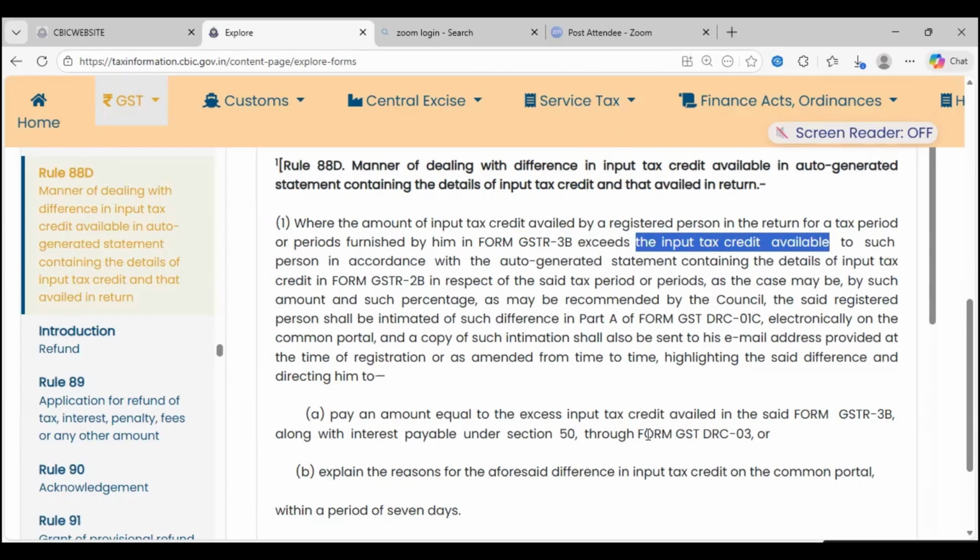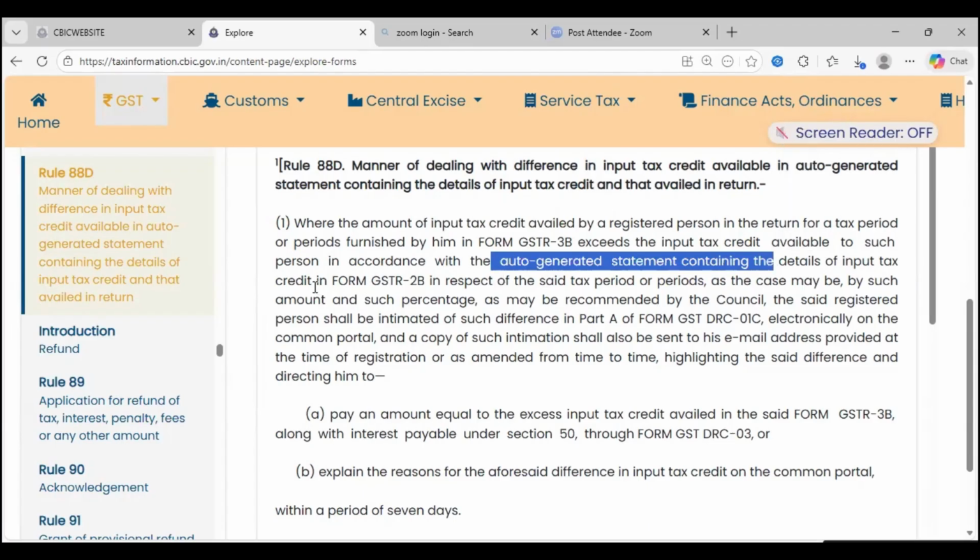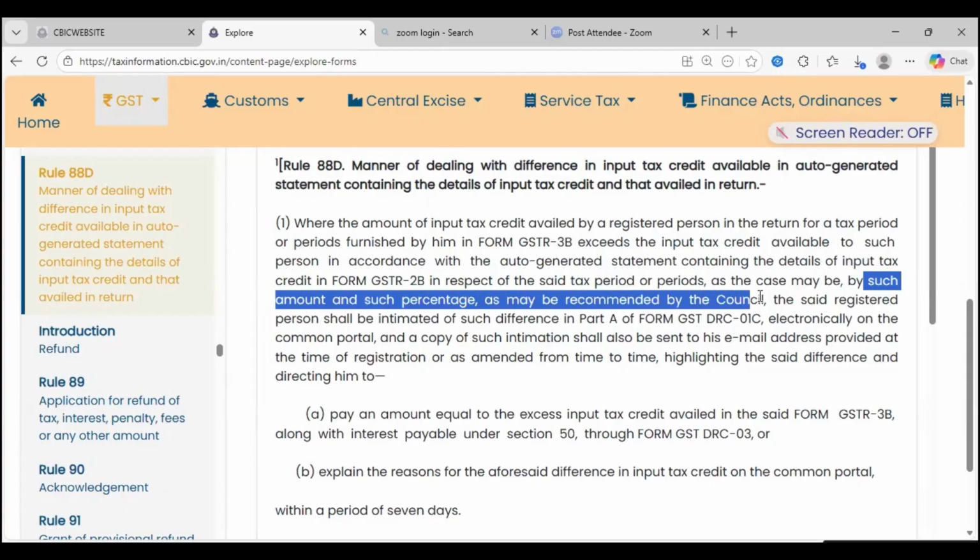Available is from GSTR3B. Avail is what I enter manually. They're comparing these two, with the auto-generated statement containing the details of input tax credit from 2B in respect of the said tax period, such amount, such percentage as may be recommended.